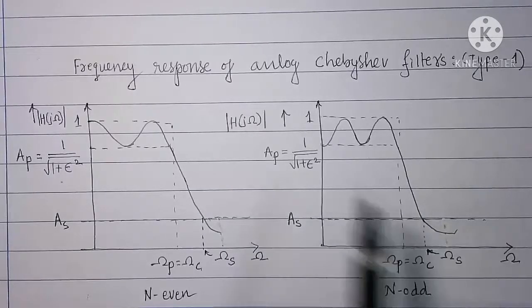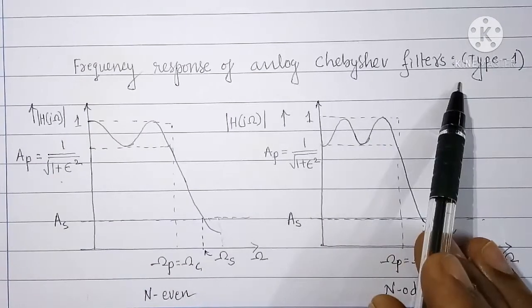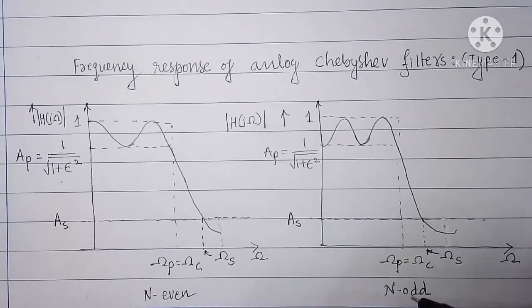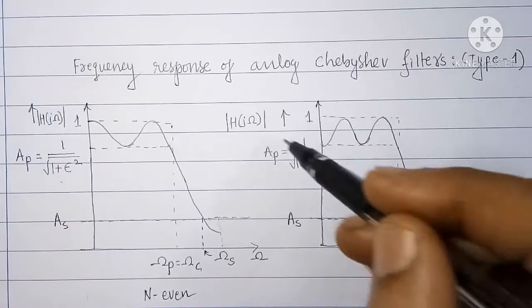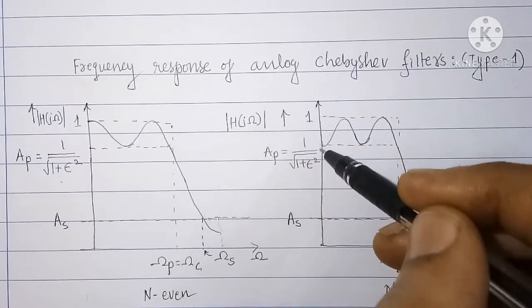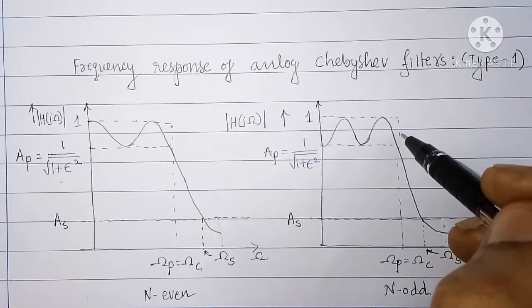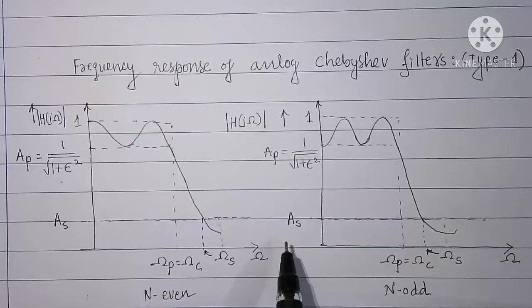Next we will see frequency response of analog Chebyshev filter of type 1. For odd N, in the passband, the magnitude starts from 1 and it oscillates between 1 and Ap. And in the stop band, the gain decreases monotonically.